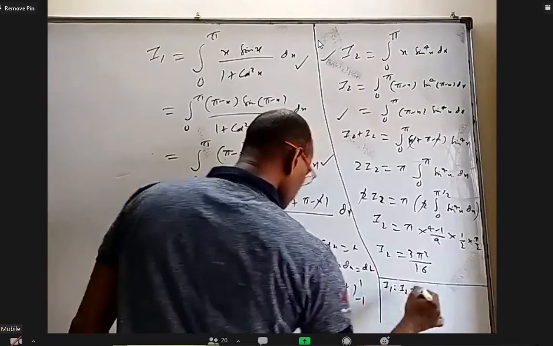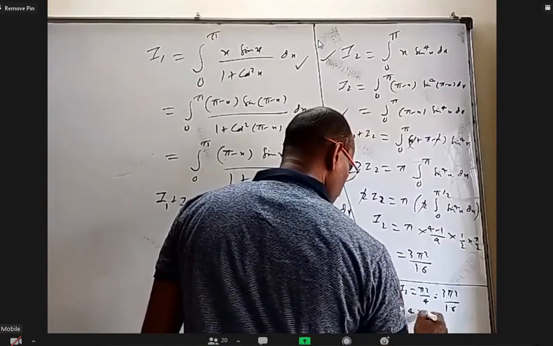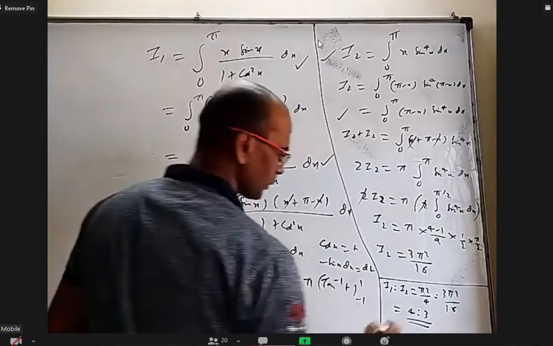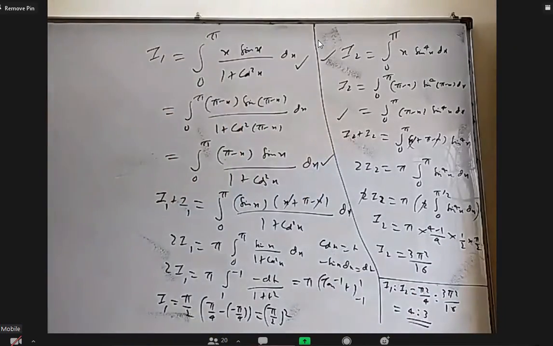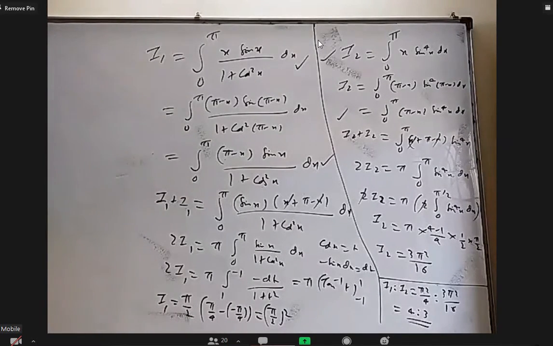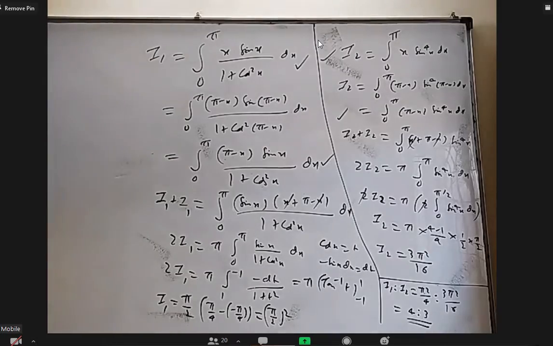So when you take I1 is to I2, I1 is pi square by 4, I2 is 3 pi square by 16, which is 4 is to 3. Okay, try to understand, copy this.